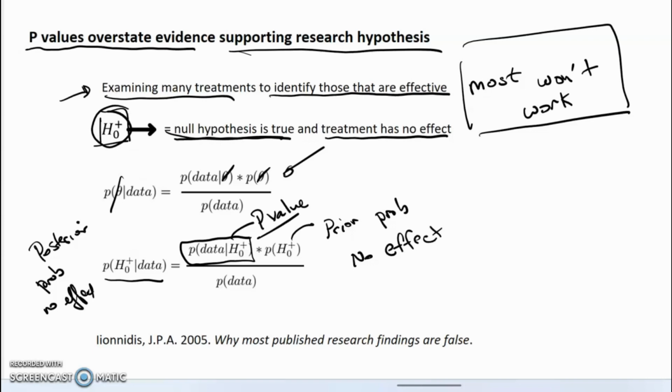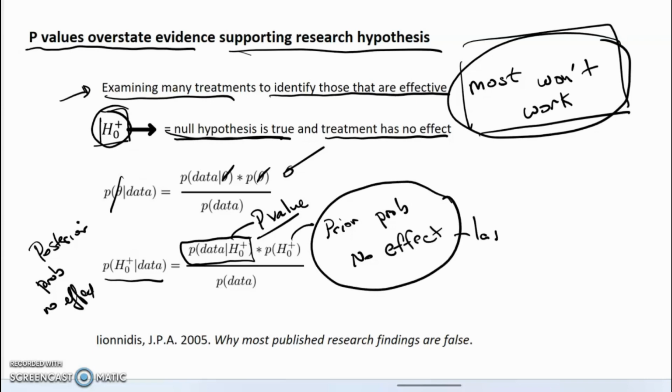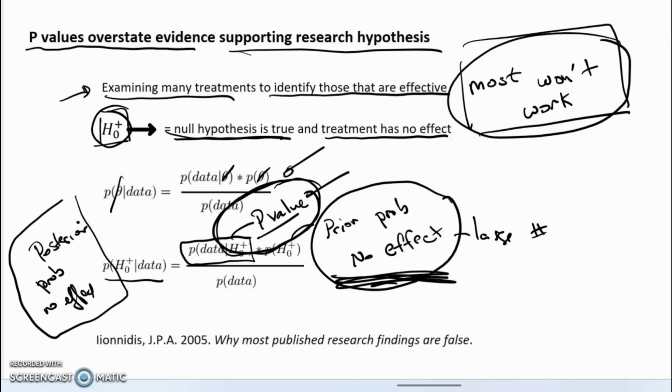The whole idea is that in a screening trial, where most of the treatments aren't going to work, the prior probability of no effect is going to be a large number. Even if we get a small p-value, which implies to us that we are having a treatment effect, if this is a large number, the posterior probability of no effect is going to be quite large.